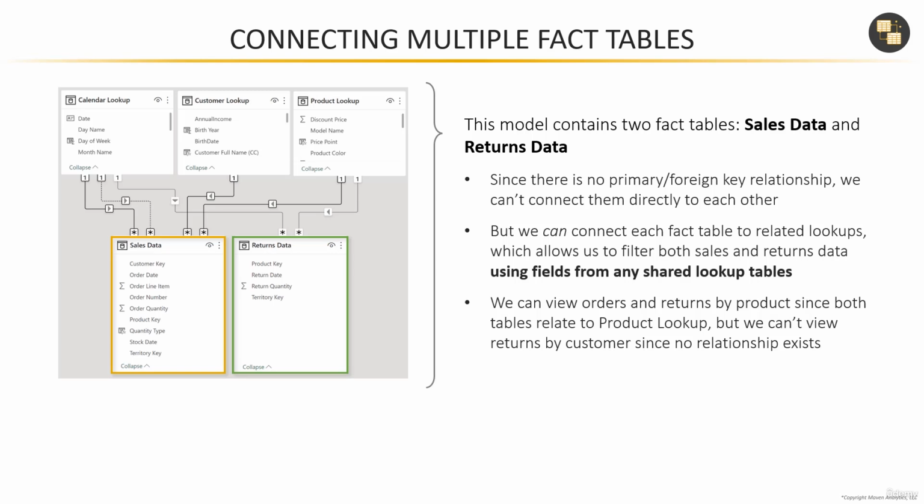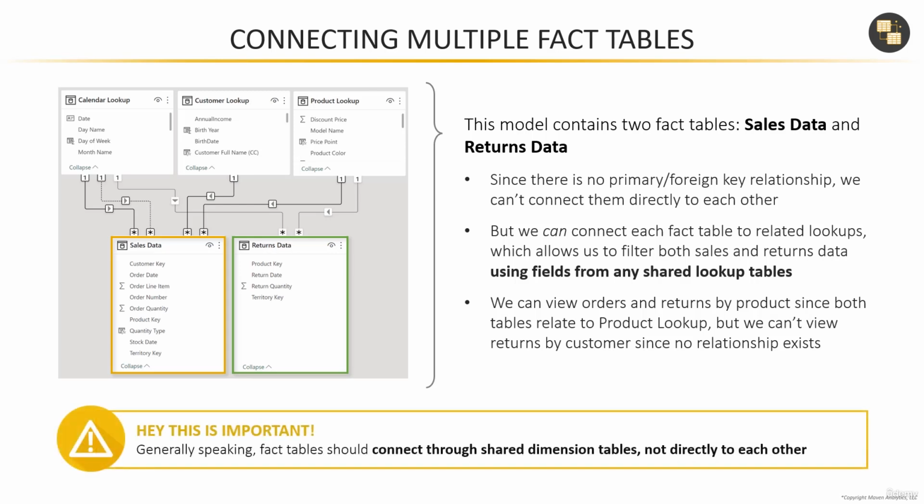And that's exactly what we're seeing here. And the implication of that is that while we can break down our sales data values using fields from the customer lookup table, like gender or occupation, we can't break down any values from our returns data table in that same way. And I'll show you exactly what that looks like once we actually load this data into our model.